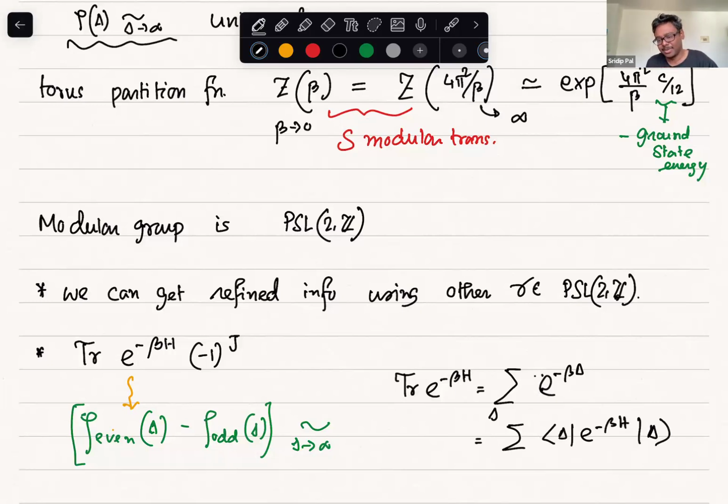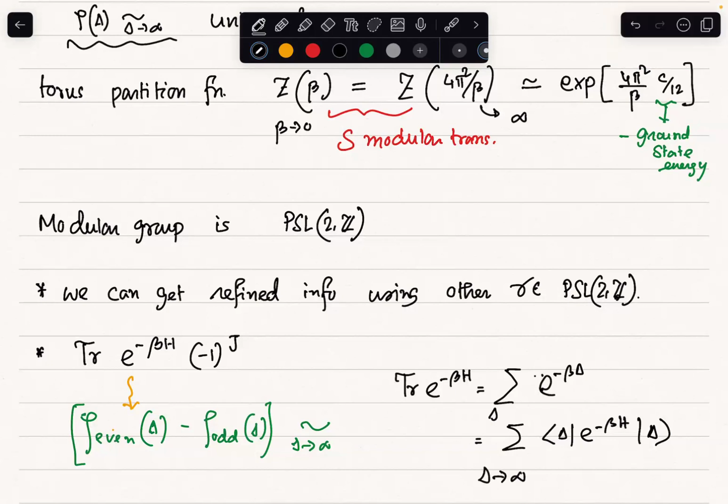It's not only one state: there is a sum over all the deltas. Only in the beta going to infinity limit does this sum project onto the vacuum, and then you have the vacuum to vacuum transition. But here I am taking a different limit, the beta going to 0 limit. In the beta going to 0 limit, this sum is dominated by the states in the delta going to infinity limit. So it's a transition that's happening at very high energy.